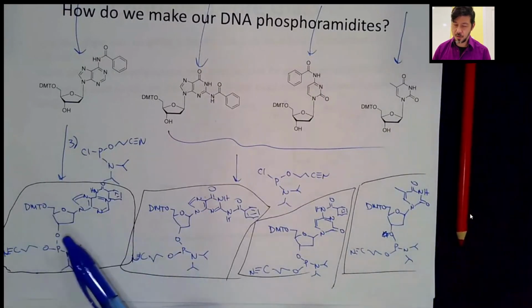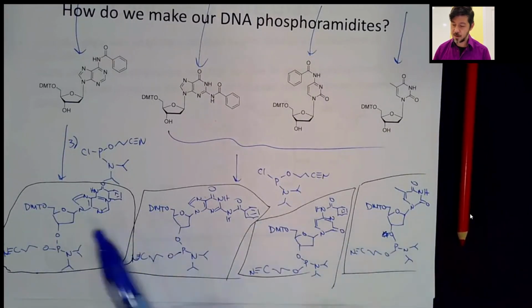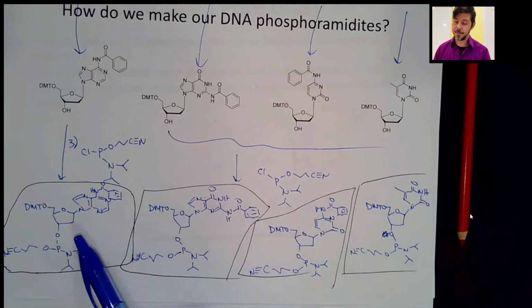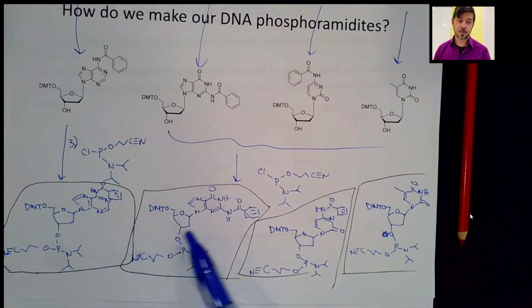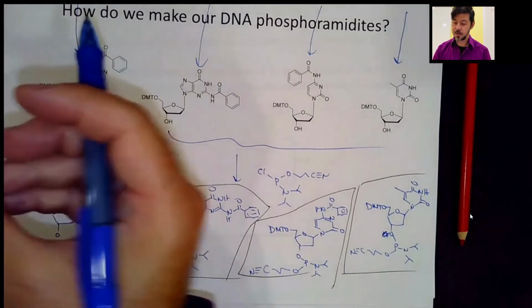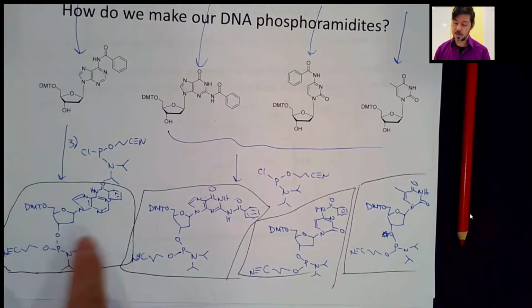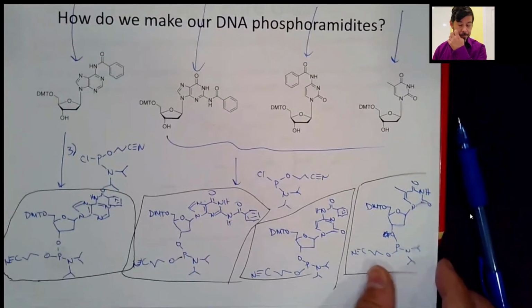You can also purchase these precursors relatively cheap, just a few dollars per gram in some cases. So you can really streamline this synthesis and just start with the building blocks in order to make DNA. Okay, so that's what I use in my laboratory.